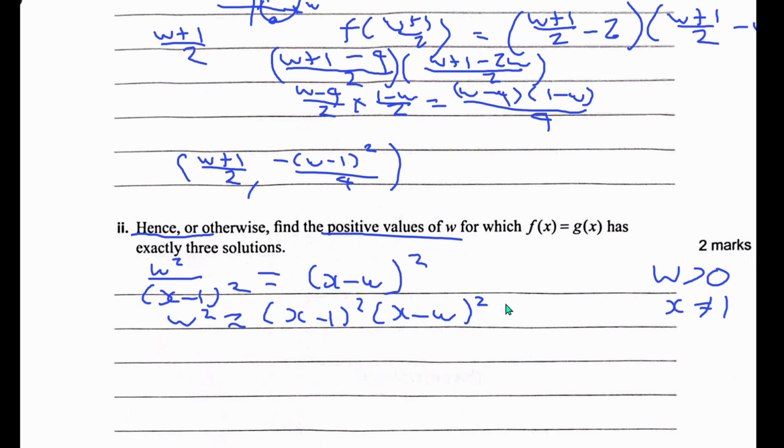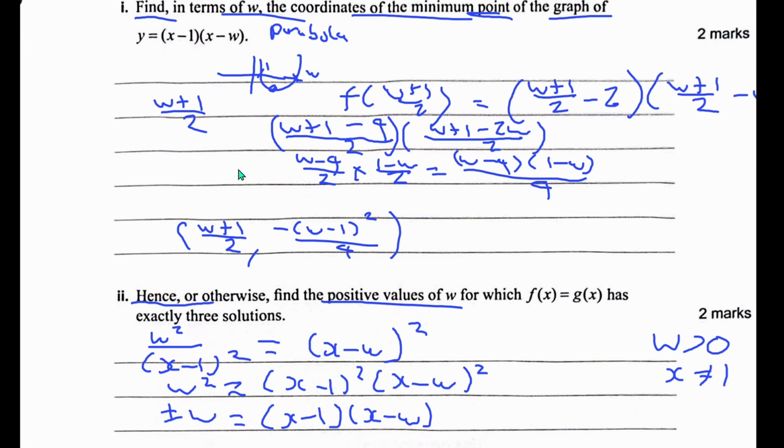So we're going to square root both sides. So we get plus or minus w equals (x minus 1)(x minus w). And again, because this is hence or otherwise, that means we want to be learning from this equation, or from the information we've just learned. So the y coordinate of the minimum point is right here.